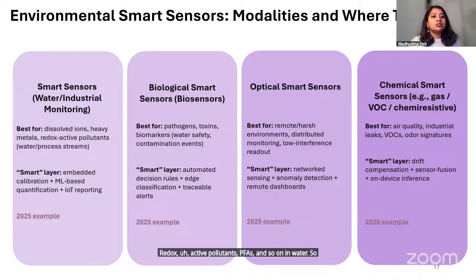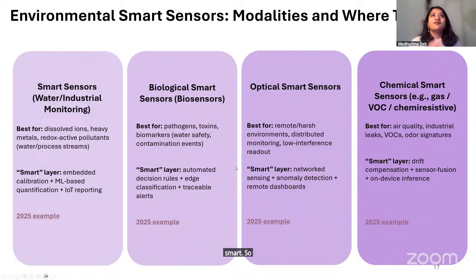So it is not just restricted to industrial water. I think for home water supplies also, this kind of sensors are very important. And for embedded calibration and IoT reporting, all these things make it smart.